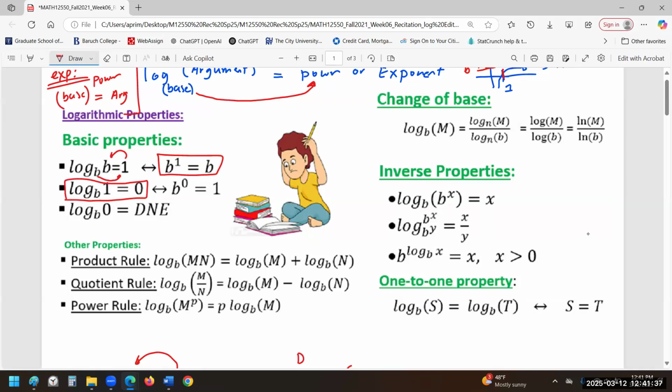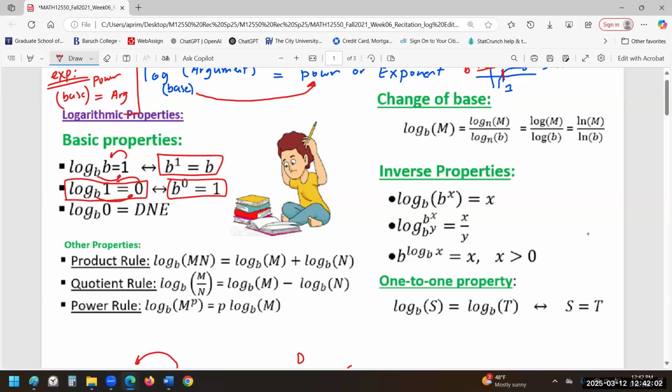If your argument is 1, if the x value is 1, your y value or the exponent is always 0. Which is the same as saying b to the power 0 is 1. And this is true, right? As long as our base is not 0, anything not 0, if you raise it to the power 0, it equals 1.